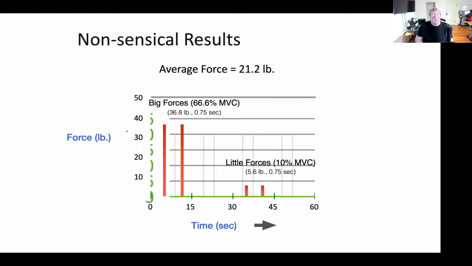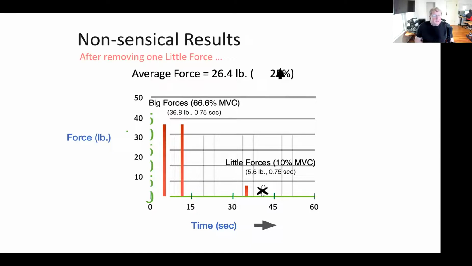Now say we had a lean team working on a project. They eliminated the need for one of those little forces. We removed it. It makes the job slightly easier. Now we remove one of those forces, our average is 26.4 pounds. Well, what that does is increase the average force by about 25%.